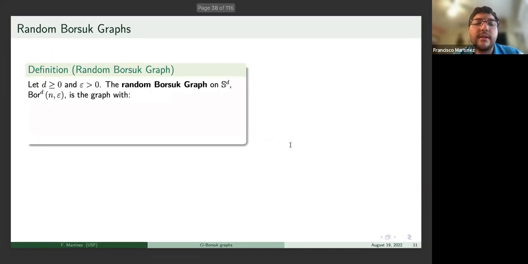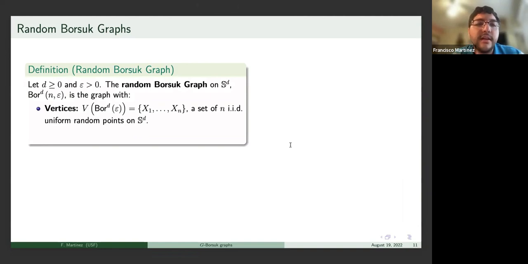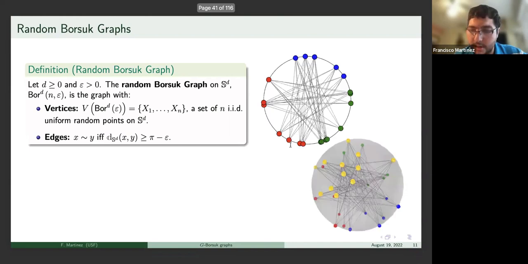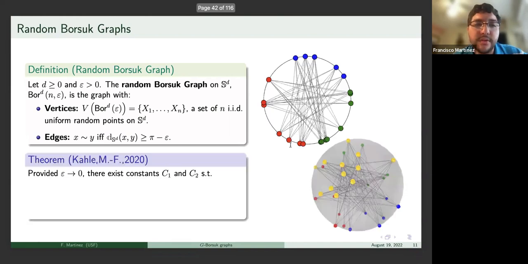So we can actually randomize this construction and get a model where topology tells us something. Randomization is pretty easy. Instead of taking the whole sphere as the vertices, we take n random points on the sphere, and still we connect two of those vertices with an edge if their distance is at least pi minus epsilon. These are a couple of examples.